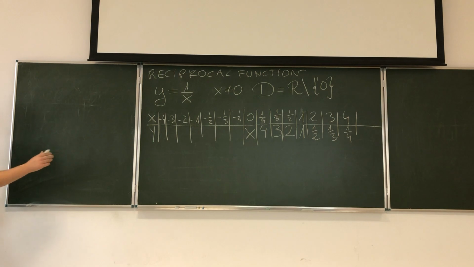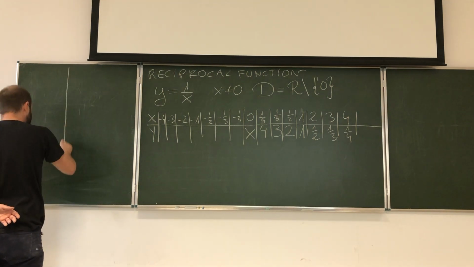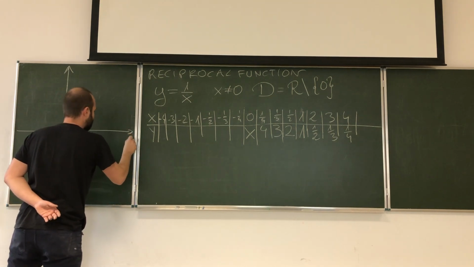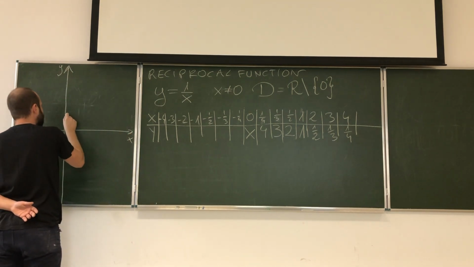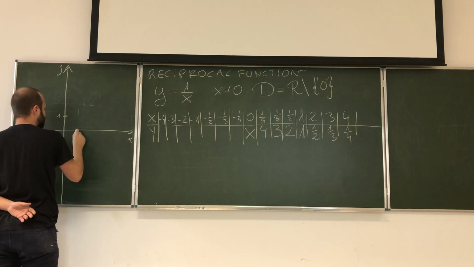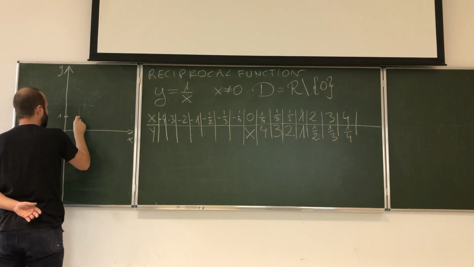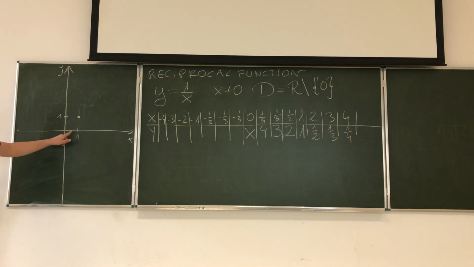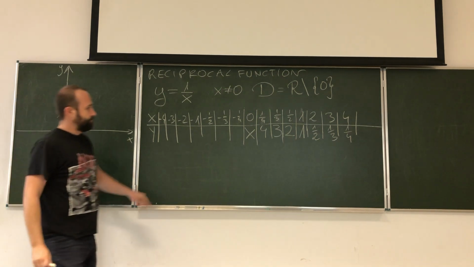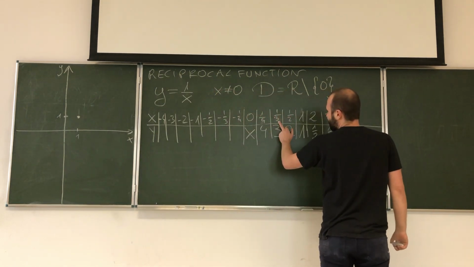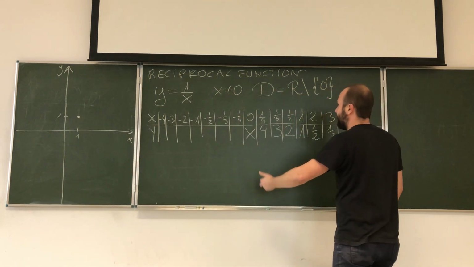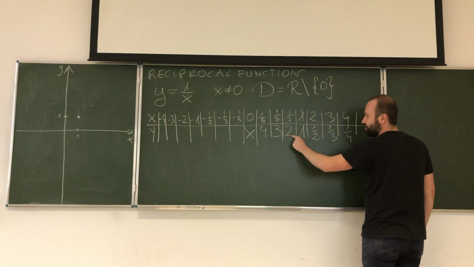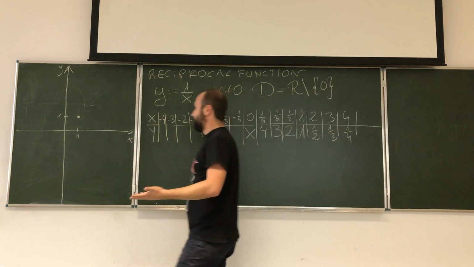Okay, so at this moment, we are ready to draw the first half of this function. We see that when x is 1, y is 1 as well. But now look, as x is getting smaller and smaller, 1 over 2, 1 over 3, 1 over 4, 1 over 5, for y we get the reciprocal, so we get bigger numbers, 2, 3, 4, 5, and so forth.